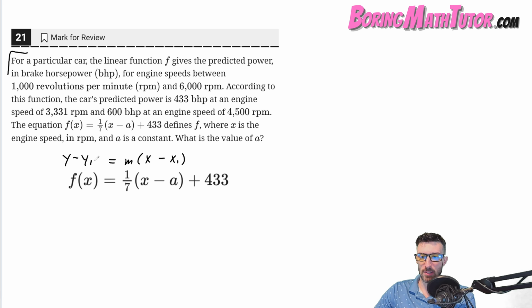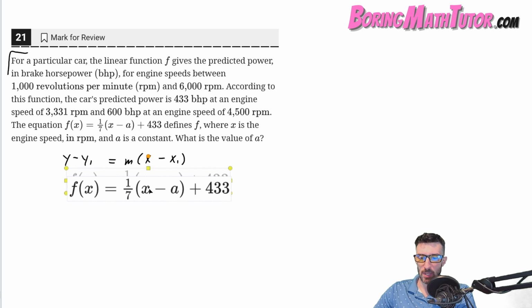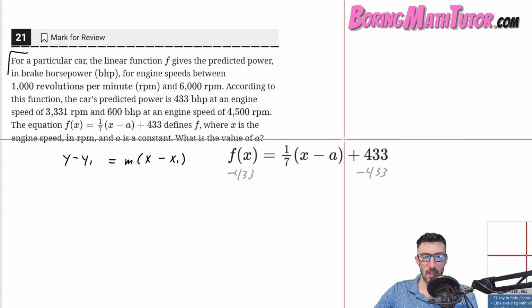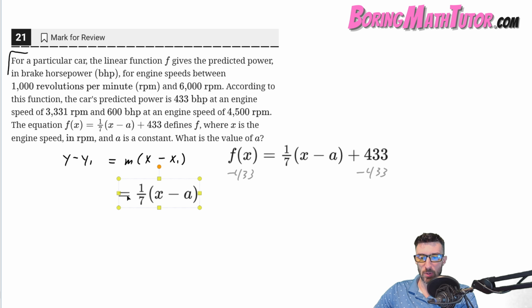It's y minus y1. So if I want to manipulate this equation that they gave me so it looks more like that one that I'm used to, I could do it by subtracting 433 from both sides. If I do that, the equation would now become f of x minus 433.